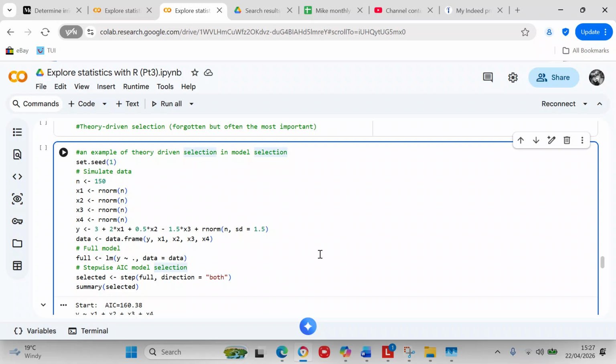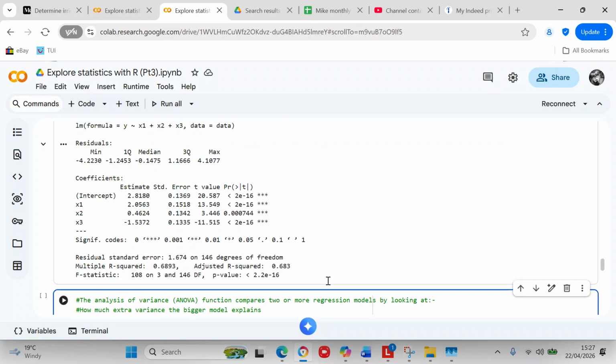And it stands for something, but I don't recall right off the top of my head what it stands for, but it is the goodness of fit test. So selection becomes step, brackets full, comma, direction equals both, and then we're going to print a summary of the selected model.